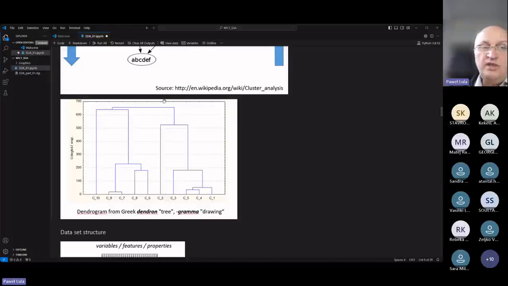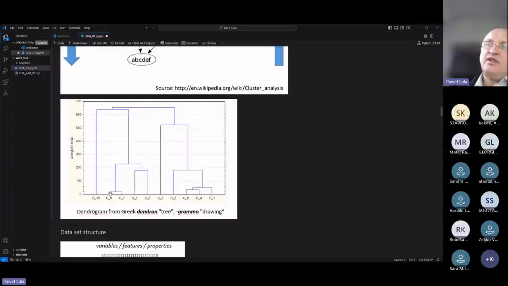But we must decide about the final number of clusters which we recognize in our dataset. We can make this decision looking at this dendrogram. We should compare levels on which clusters were created.